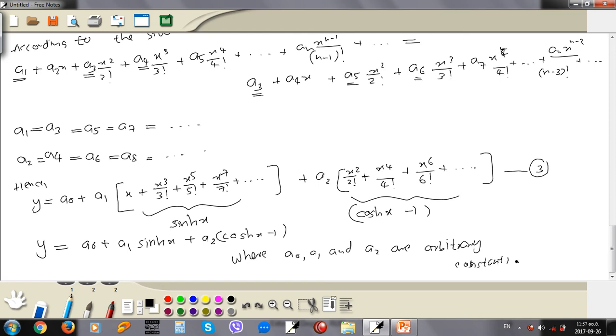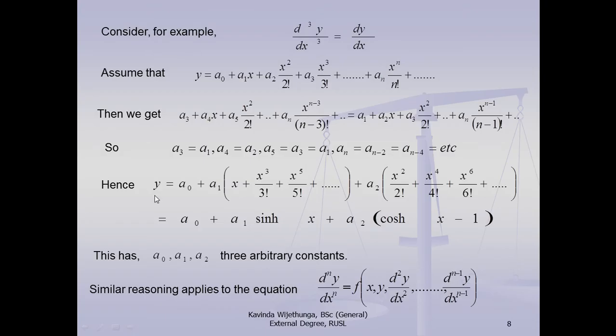Those are arbitrary constants. That's how this is created. So y equals a naught plus a1 sinh x plus a2 times cosh x minus 1. This has a naught, a1 and a2, 3 arbitrary constants. Similar reasoning applies for this equation and find those things.